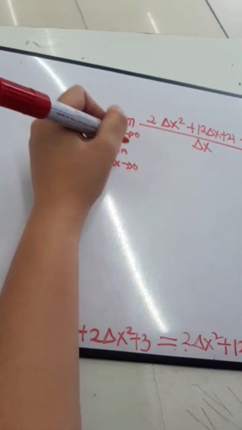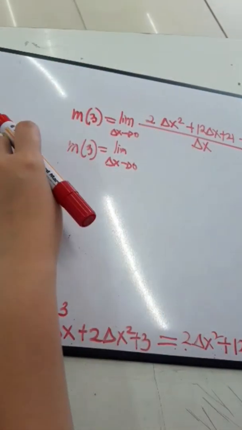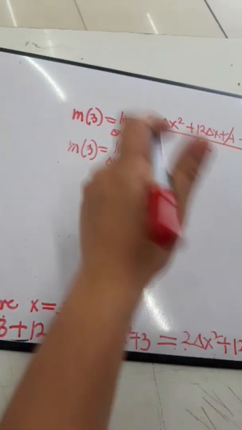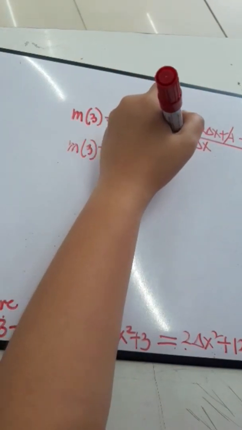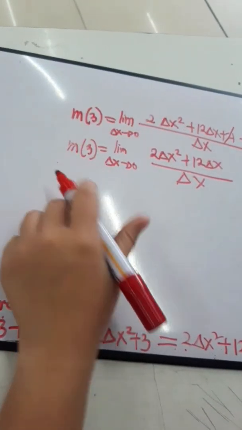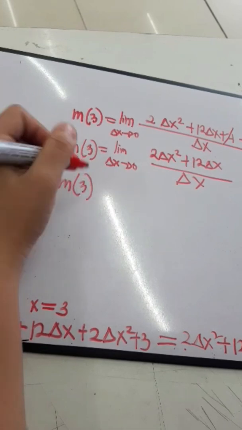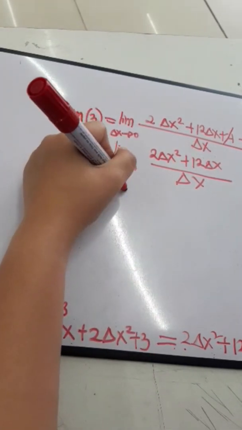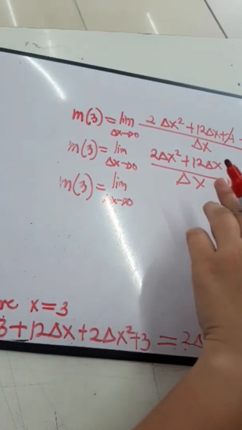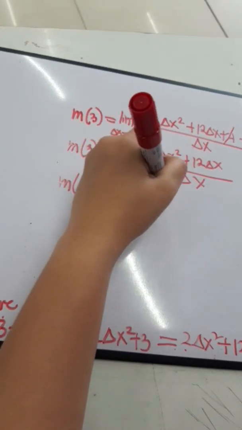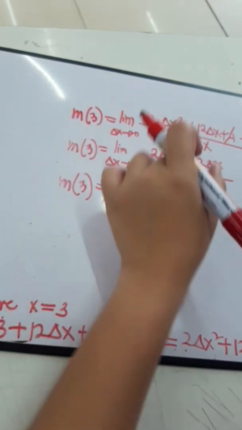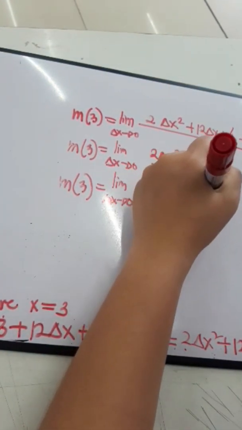Let's simplify here. The positive 21 and negative 21 cancel, class. So we have 2 delta x squared plus 12 delta x all over delta x. So m at 3 is the limit as delta x approaches 0 of 2 delta x, since 2 delta x squared over delta x is 2 delta x, plus 12 delta x over delta x, which is positive 12.